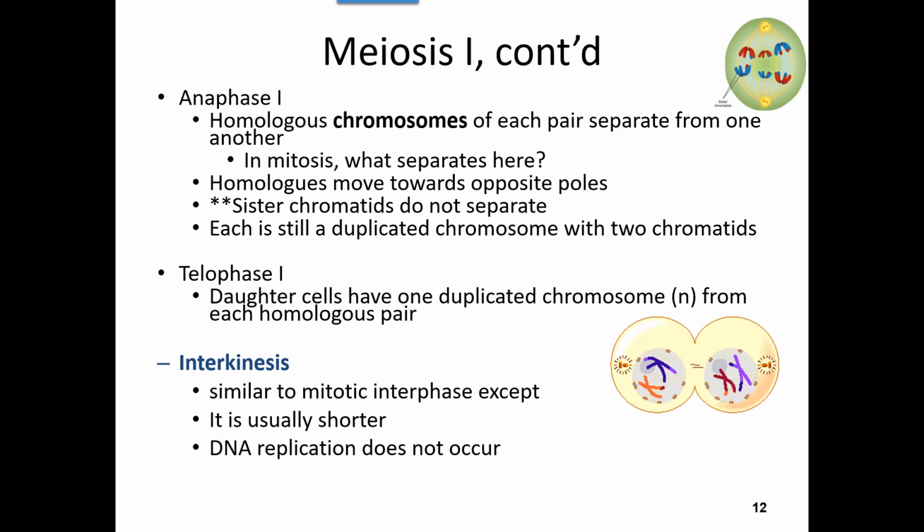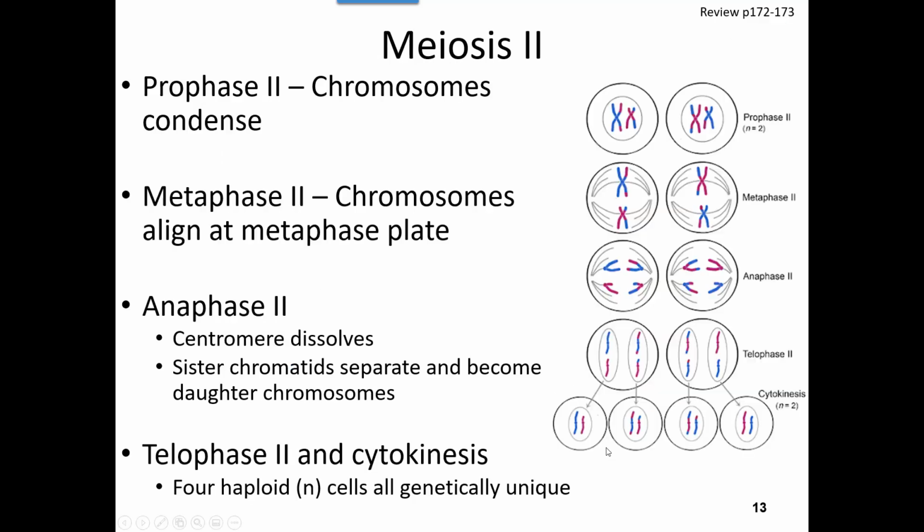So we're going to take those two new cells that we just got, and each one has just 2 chromosomes in it, although they are duplicated chromosomes, so they're shown as an X. And we're still going to go through prophase, metaphase, anaphase, and telophase. Why I don't have separate slides for each of these is these should look pretty similar to what happens in mitosis. So in prophase, you're going to see the nuclear envelope disappear. You're going to start to see those spindle fibers going out.